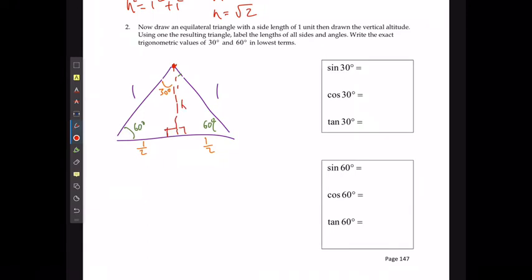Well, if 1 squared is equal to 0.5 squared plus h squared, then my height, or altitude in this case, is going to equal 1 squared minus 0.5 squared, or 0.75, which is the same as 3 over 4. When I take the square root of the top and the bottom, that's going to be root 3 over 2.